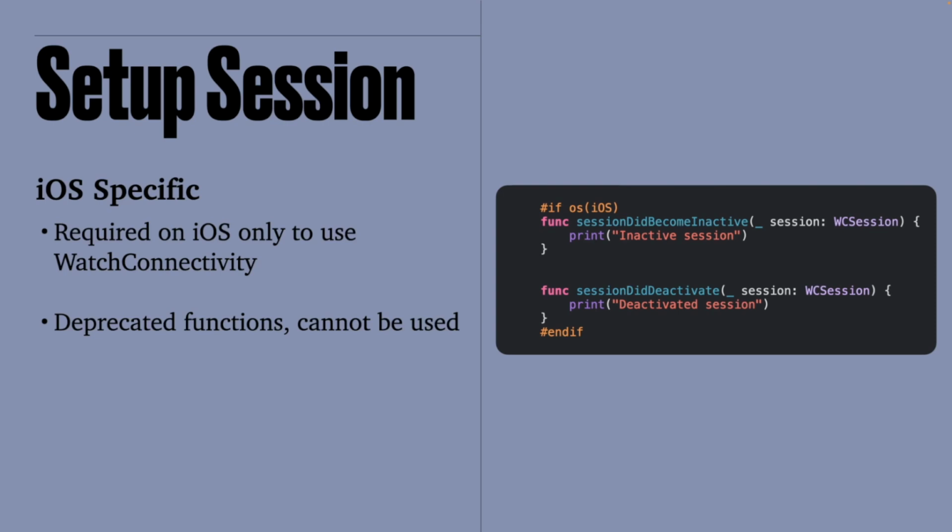If you try to define them in the watch, it'll throw an error. But if you try to leave them out for the iOS version, then it will also throw an error. So what you have to do is set up these compiler directives, or compiler conditions, with this #if, and that looks a lot like a preprocessor from C or C++. But doing this will allow it to compile correctly on both versions.